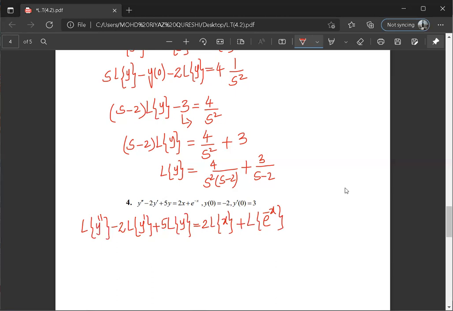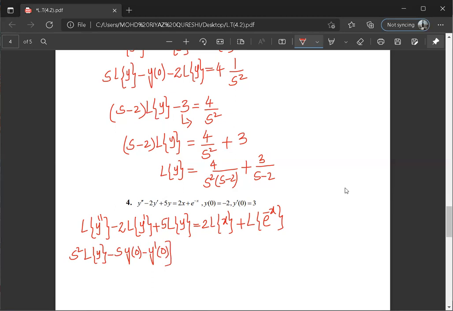Now the y double prime formula: s square into L of y minus s into y of 0 minus y dash of 0.